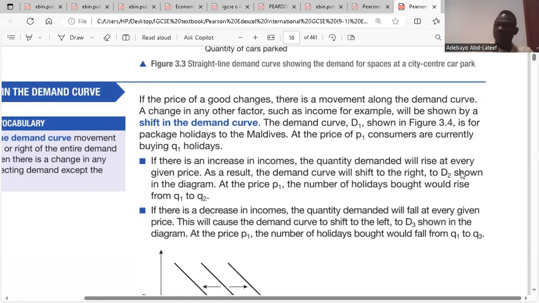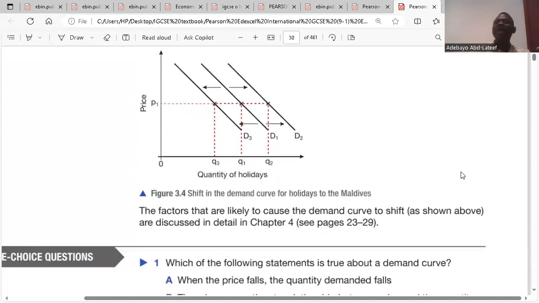So an increase in the level of income will shift the demand curve rightward, because the quantity demanded will increase from Q1 to Q2, leading to a shift in the demand curve rightward from D1 to D2. While a fall in the level of income would reduce your disposable income and will shift the demand curve leftward from D1 to D3, because your quantity demanded would have fallen from Q1 to Q3.